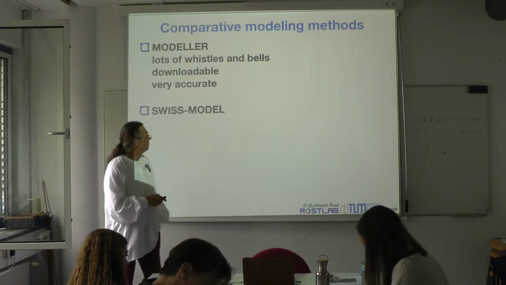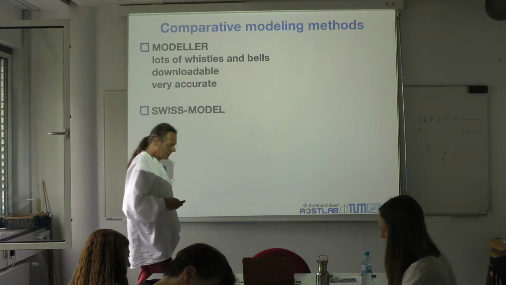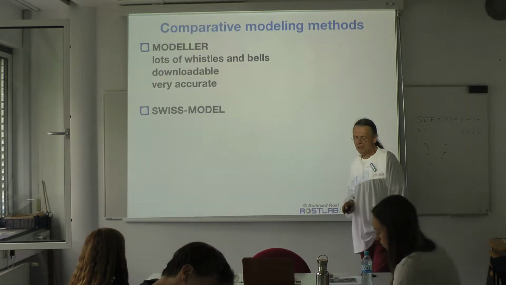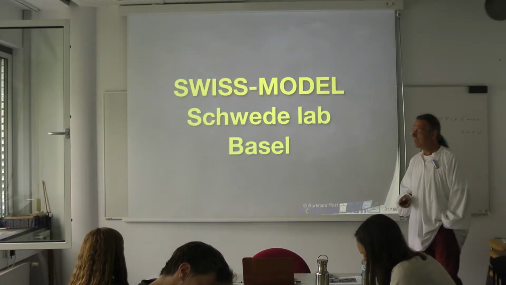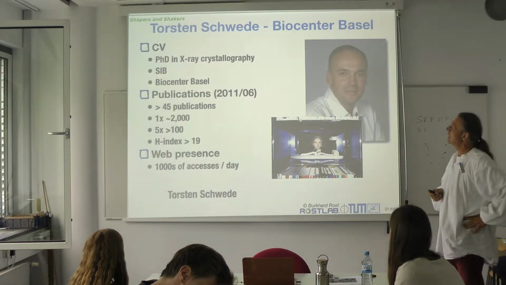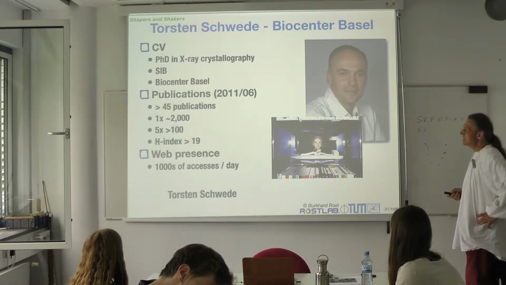There's another important method out there, the historically second method, and arguably the most important today, which is Swiss-Model. As the name suggests, it comes from Switzerland. In fact it comes from Torsten Schwede, who did his PhD in X-ray crystallography, so he started as an experimentalist.